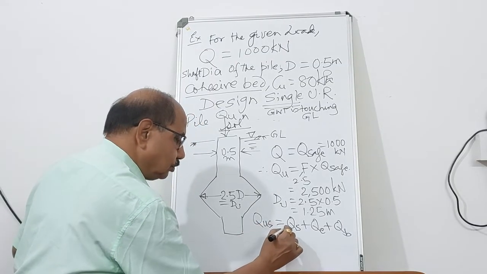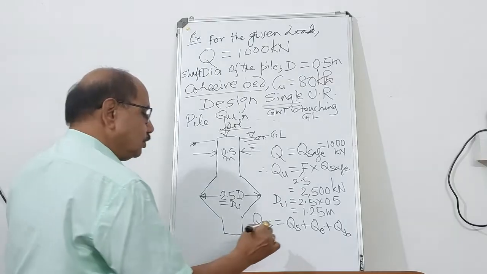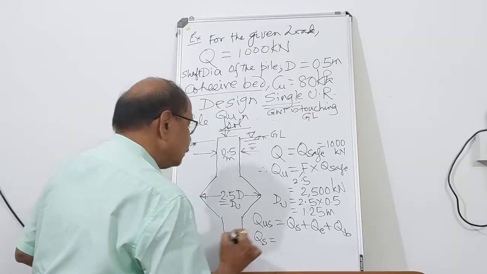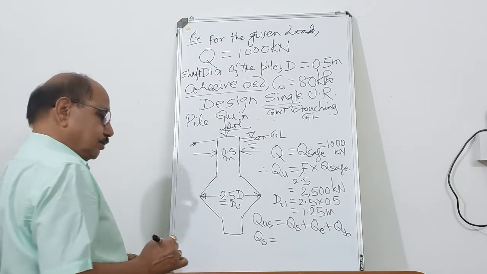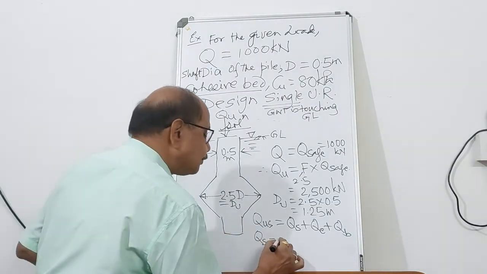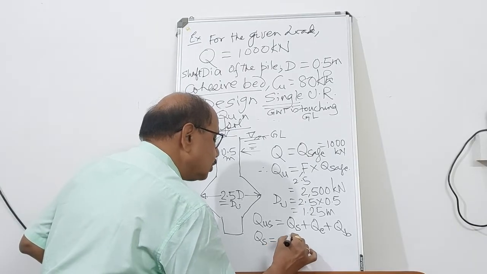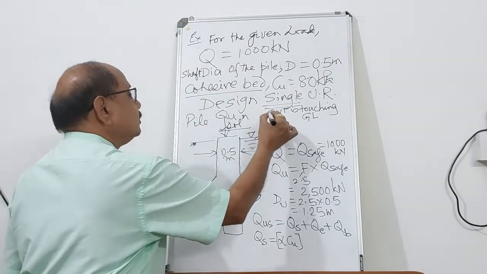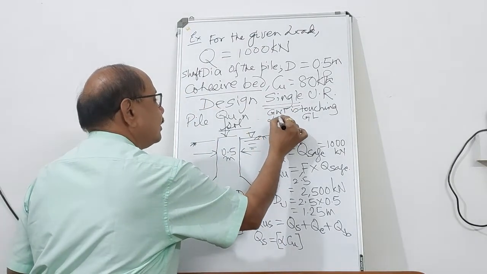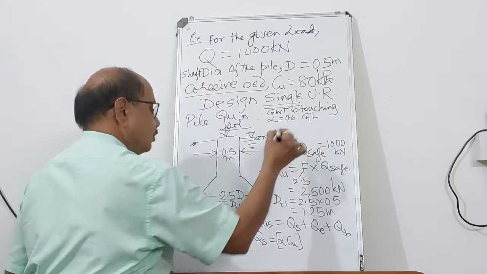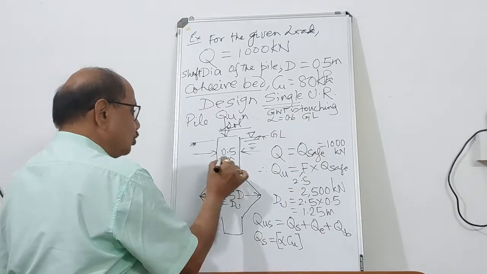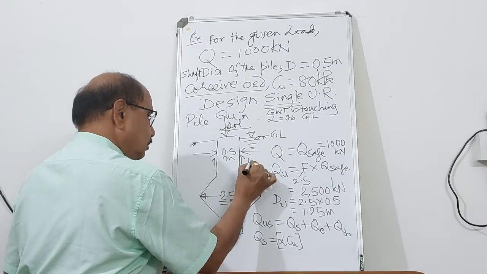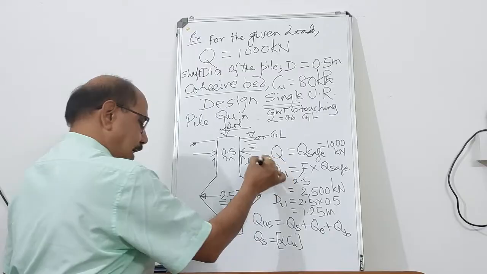This is known to you, and the value of QS you can calculate it. It will be alpha times Cu. The alpha is given over here, 0.6. So alpha times Cu will be the skin friction. So the skin friction can be calculated.